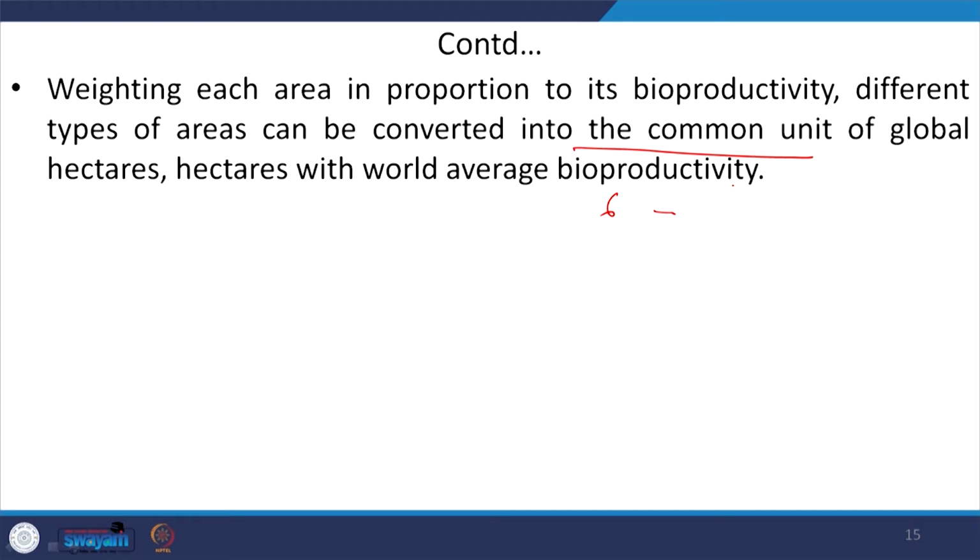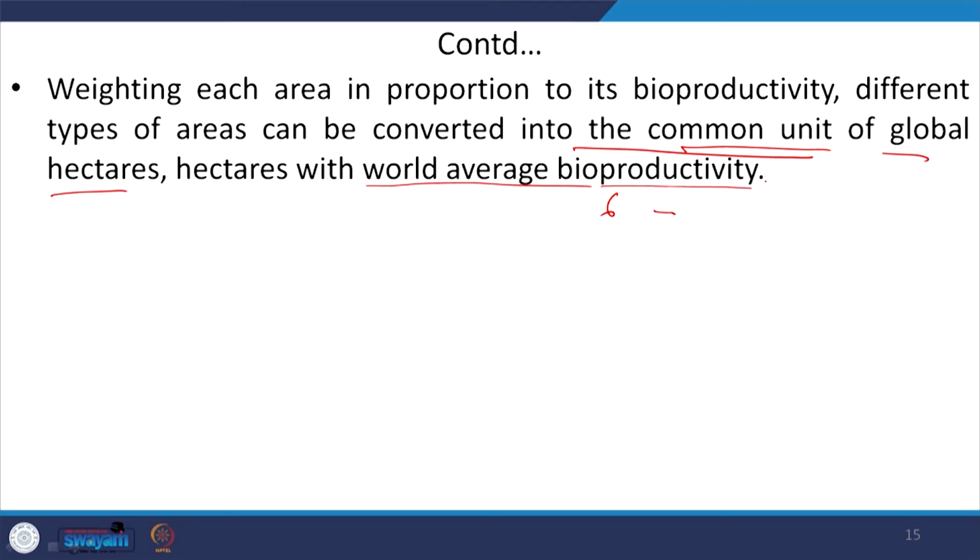So, in order to overcome this problem, the Footprint Network uses a common unit, that is the global hectare, which takes the world average bioproductivity.